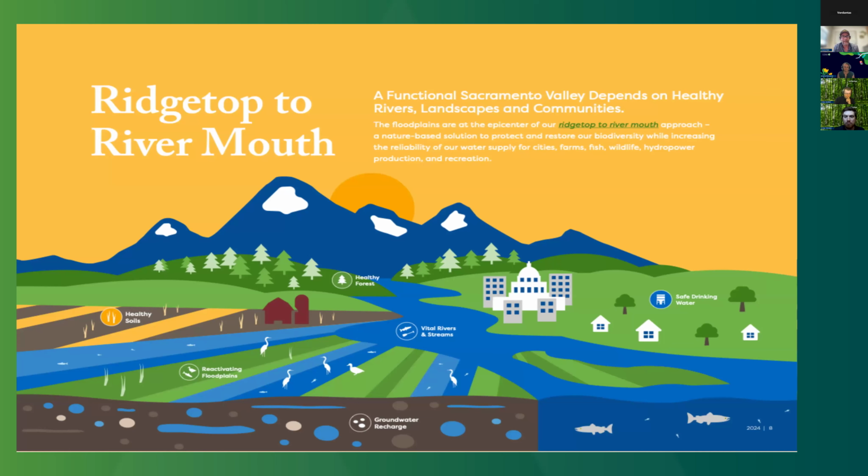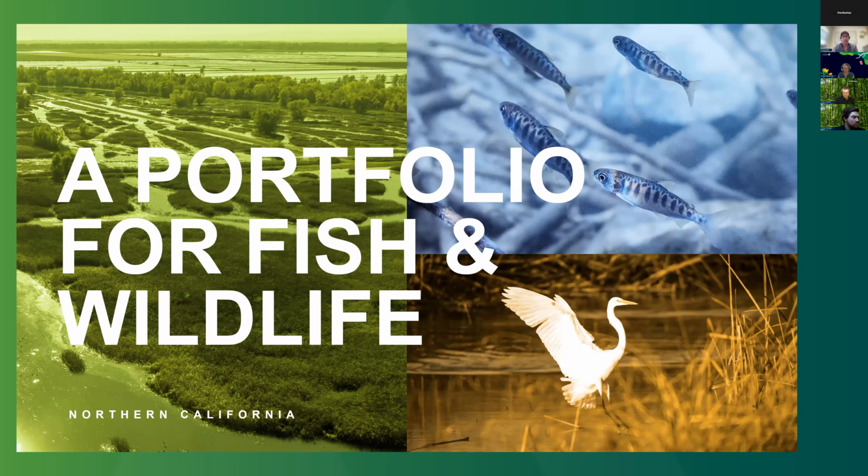And that's really led to this ridgetop to rivermouth portfolio supported by this broad political coalition to create a $2 billion portfolio of different kinds of river restoration projects. These often have a flood component, a water recharge component, and an environmental component. But that multi-benefit synergy really opens up the possibilities for landscape scale implementation.